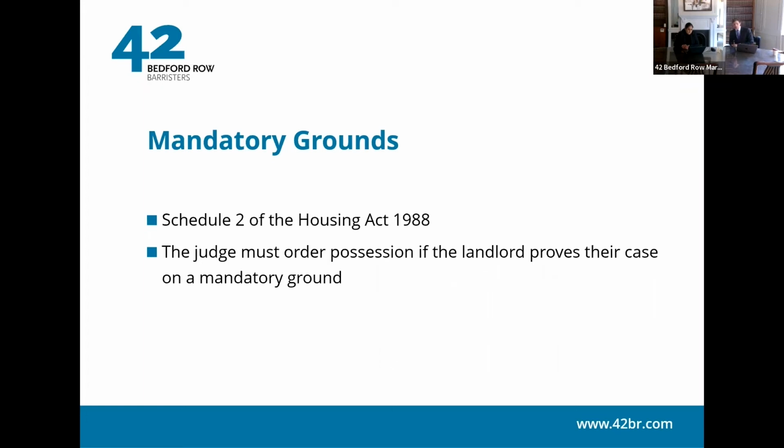I know Krishma's going to go on to that in a minute. With antisocial behaviour, that is being used more and more, and certainly I'm seeing it more and more. It's a reasonably complex ground. There are a number of subcategories you might be able to bring the claim into underneath it. Has there been a conviction for a serious offence, for example? Is there a breach of a criminal behaviour order? Has there been a closure order?